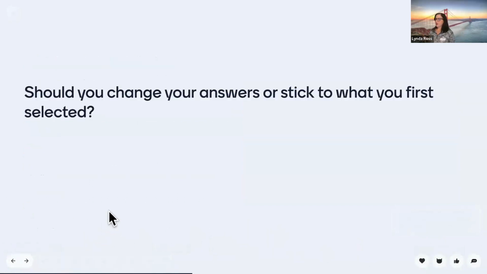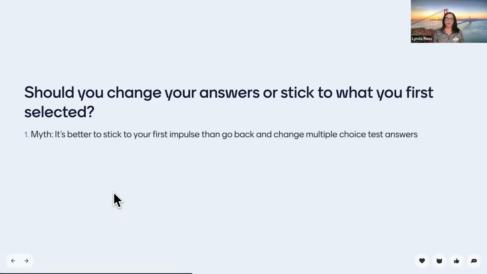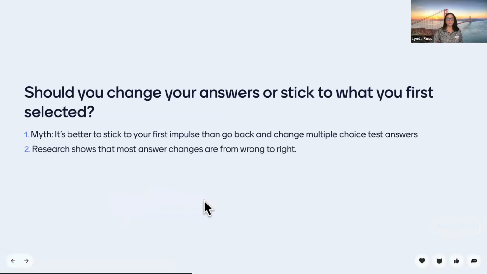This is another thing, there's this huge myth, and I hear it from students all the time: that it's better to stick to your first impulse than go back and change multiple choice test answers. I'm sure a lot of people are guilty of that. If you search Google, you'll find that advice from teachers, from faculty.